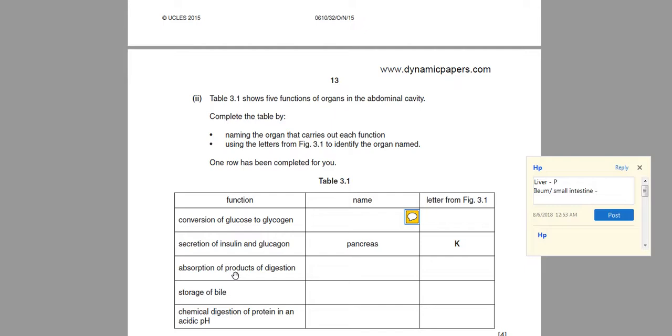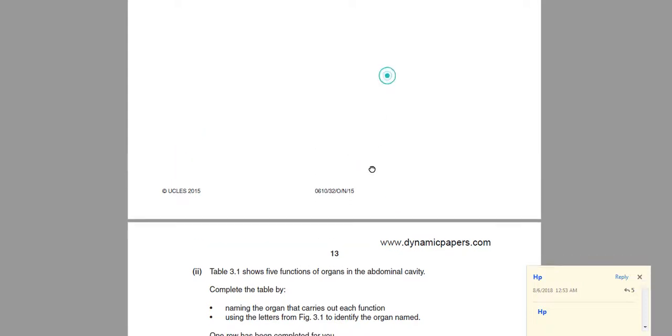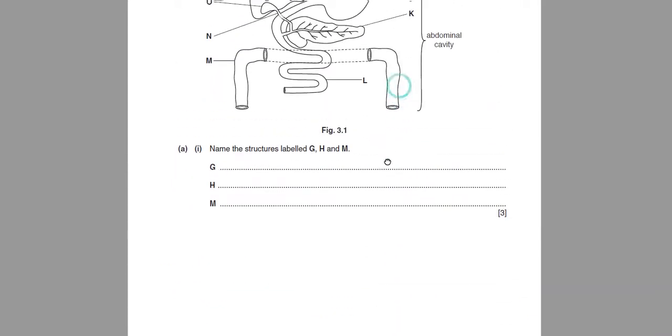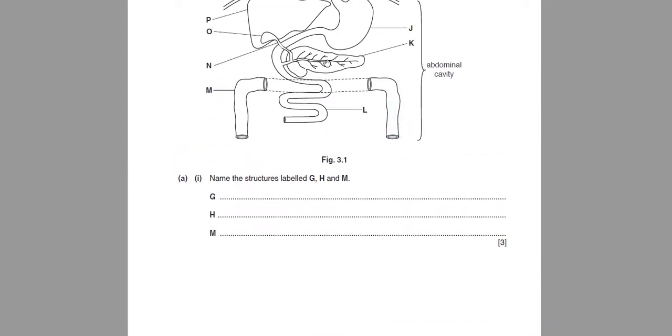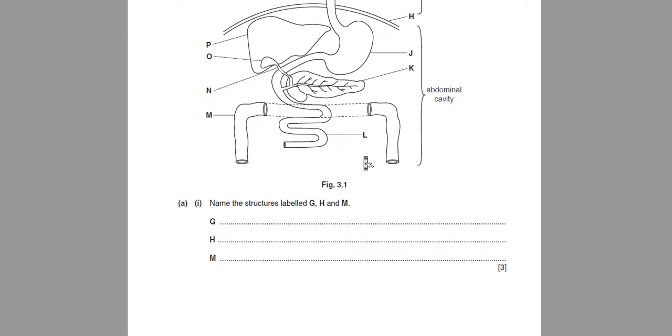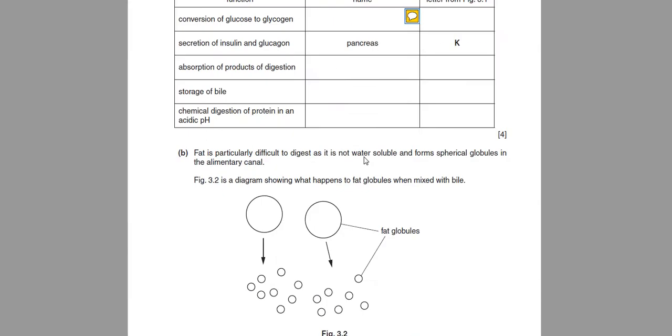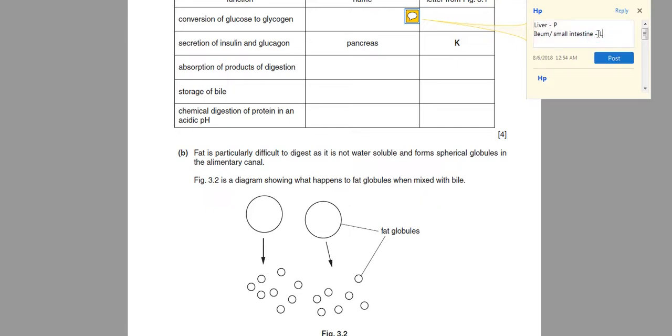Okay, and then we have to name the structure. The structure that is representing the small intestine is this, L. Okay, understand? So we refer here. What is the letter? The letter is actually L.